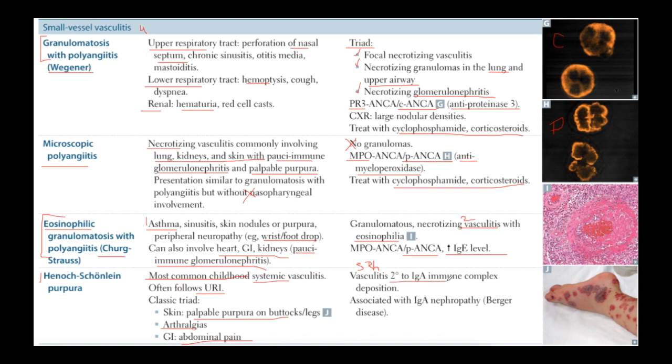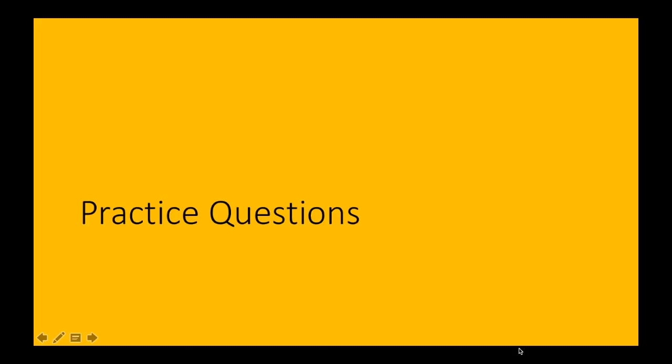This one is secondary to IgA immune complex deposition and is associated with IgA nephropathy, also known as Berger's disease. Note Berger's, not Buerger's, because that is one of our medium vessel vasculitides, so just note the spelling difference here. Very different. So any questions about these guys before I move on to some practice questions for us?